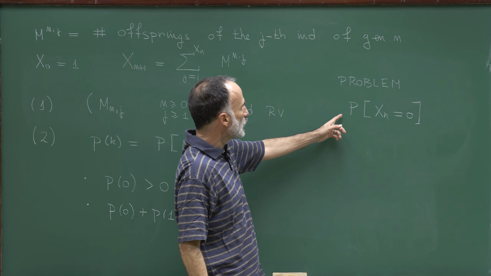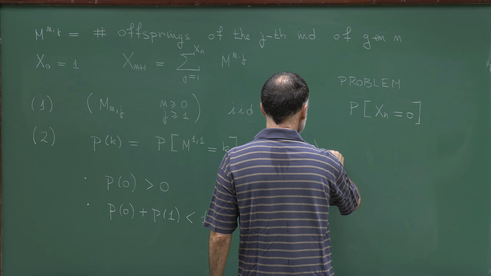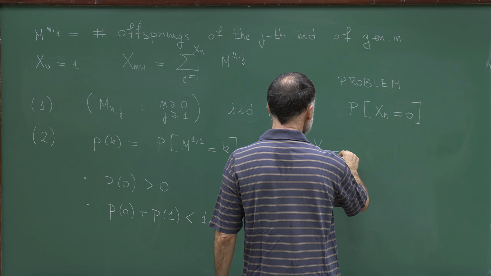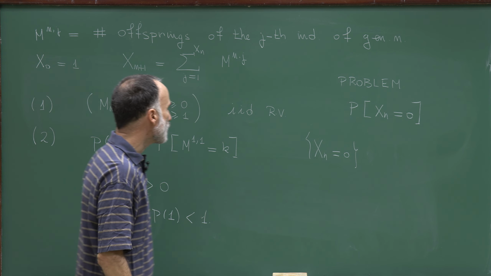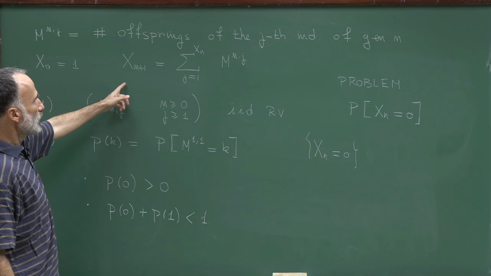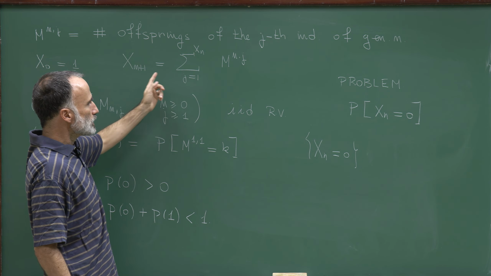Note that this limit exists because if Xn is equal to 0, so if there is no individual at generation n, then by this definition, there will be no individual at generation n plus 1.